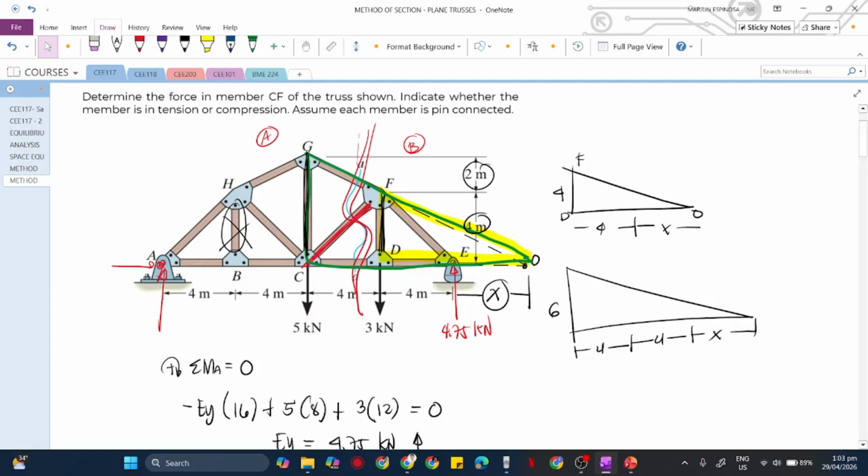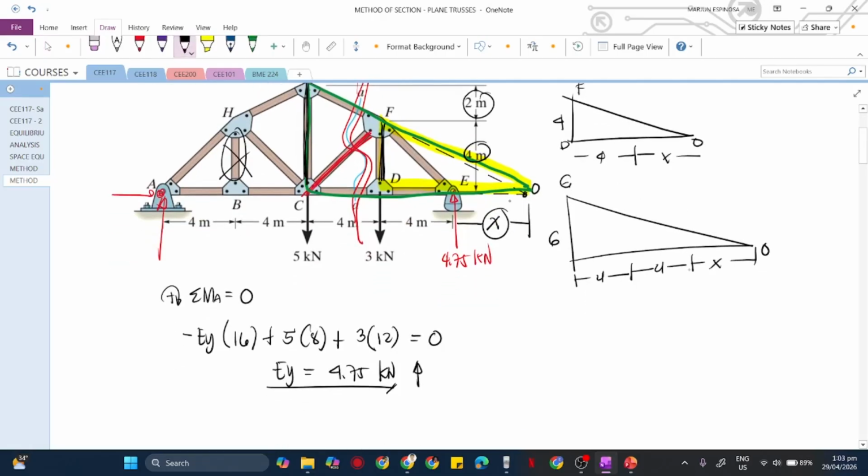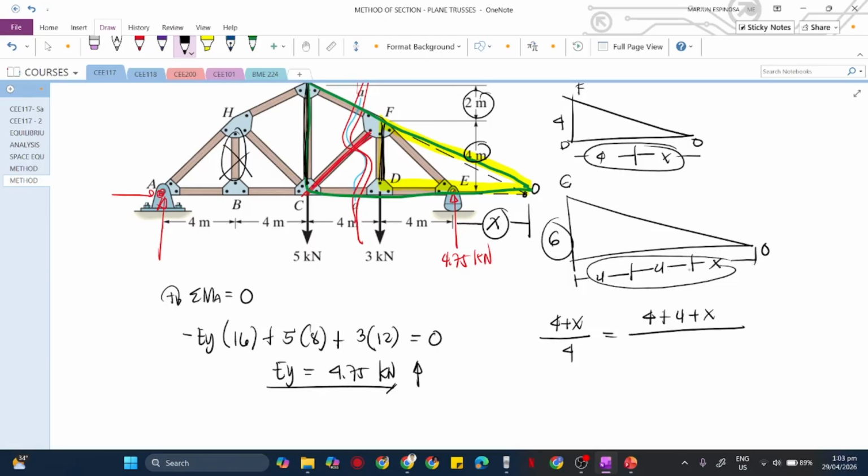Okay? Now, we can use the similar triangle to solve for the value of x. Basically, etong unang smaller triangle, so that is 4 plus x, yung base niya, over yung height niya. Equate natin yan dito sa base ng malaking triangle, and then over sa height ng malaking triangle.